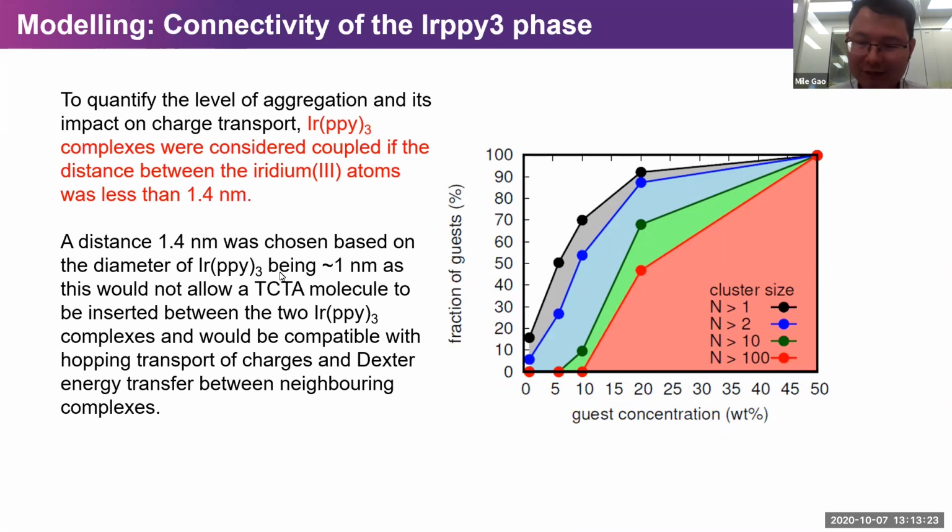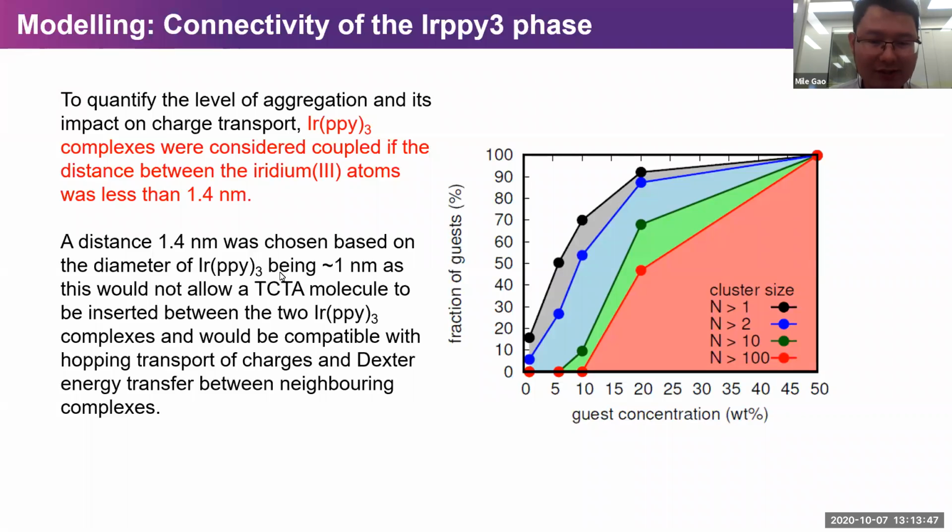Based on this cutoff distance, the size of RP clusters can be quantified in this figure. It can be seen that even for the 1 weight percent blend, 15% of the RP complexes are part of an interconnected cluster of at least 2 molecules.